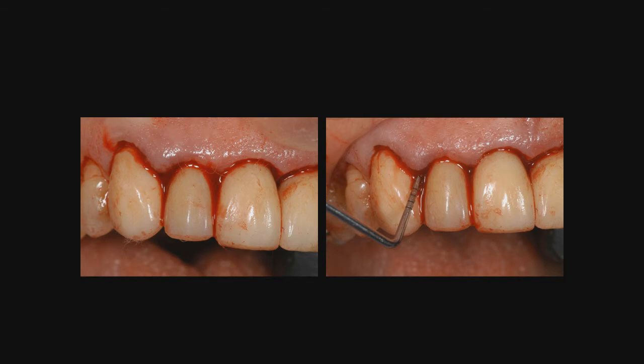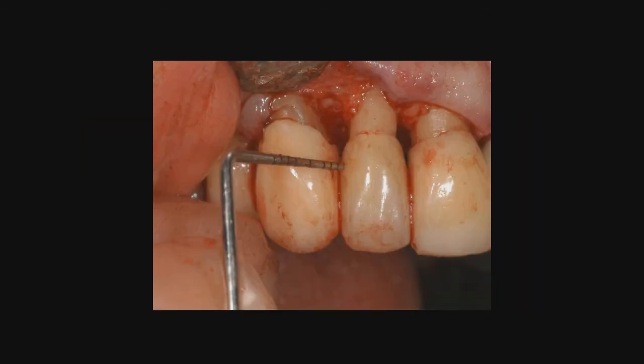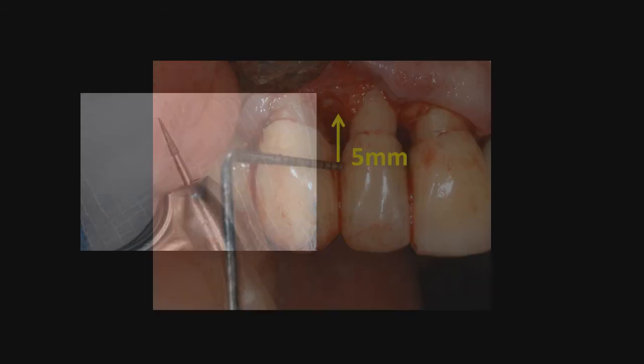Here the flap has been reflected, and we're probing to the bone, and yes, the papilla comes down 5 millimeters. But as we showed you earlier, we can see how these oversized crowns are obliterating to some degree in a lateral dimension and need to be reduced.